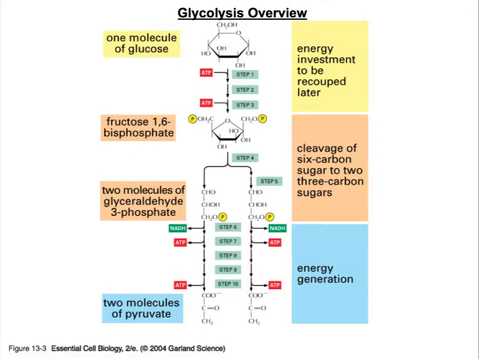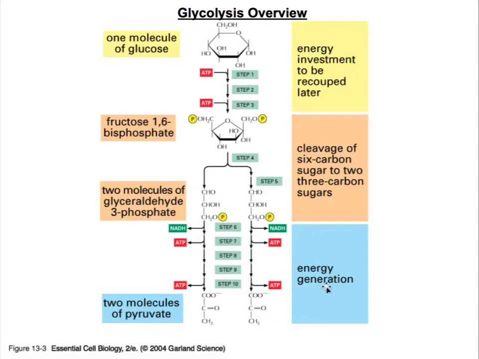If we were to summarize what we just said on the previous slide, then these 3 boxes here would have that summary. For steps 1 to 3, the first 3 steps of glycolysis out of the 10, energy is invested in the molecule to make it unstable. From steps 4 to 5, the molecule is broken into 2 3-carbon sugars.